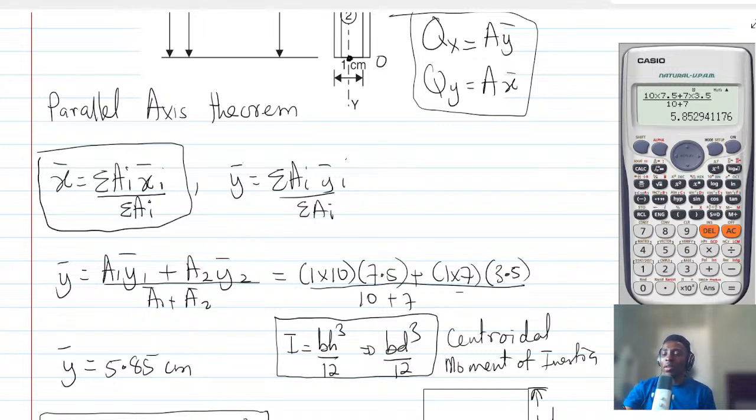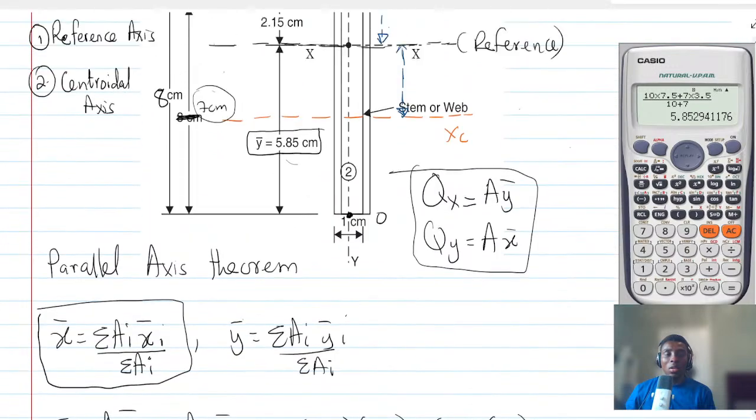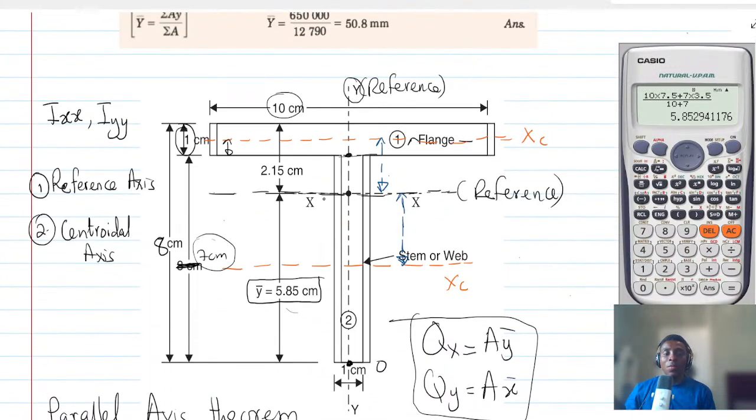So what do you think? Who can help us with the distance? So this is the reference axis.